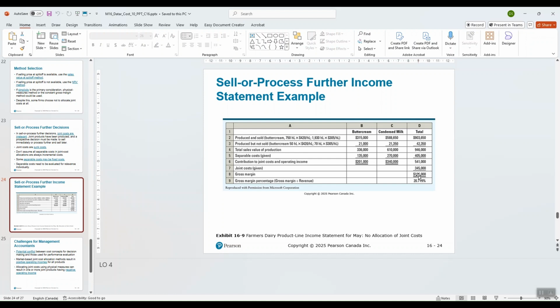So in that case, we don't need to worry too much about the cost allocation because this becomes more of a sunk cost, because they gave you that information, and then we just need to elaborate that at the end when it comes to the joint cost and then calculate the gross margin. So this is where we look at the products being used within the organization.